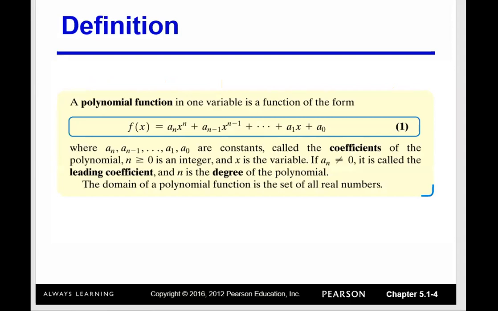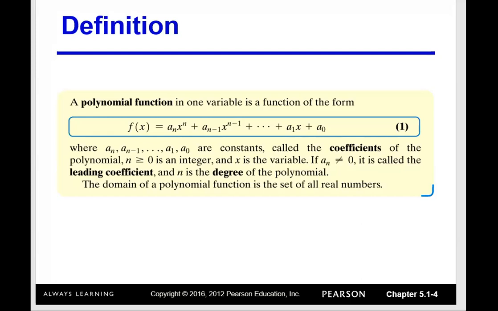So those will be numbers. It says where a sub n, a sub n minus 1, ... are constants called the coefficients. And then n has to be greater than or equal to 0, an integer.